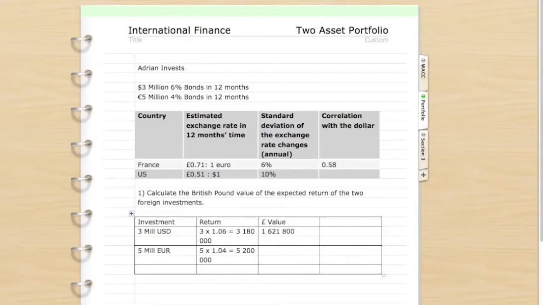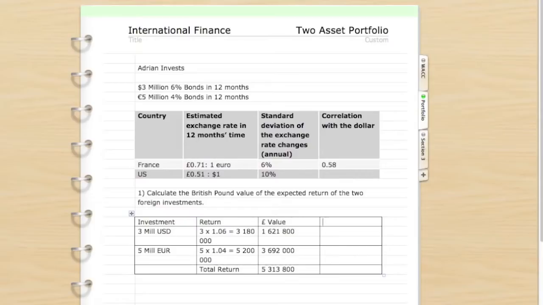We say 5,200,000 euros times 0.71, which gives us 3,692,000 pounds. So we have a total return of 5,330,800,000 pounds.